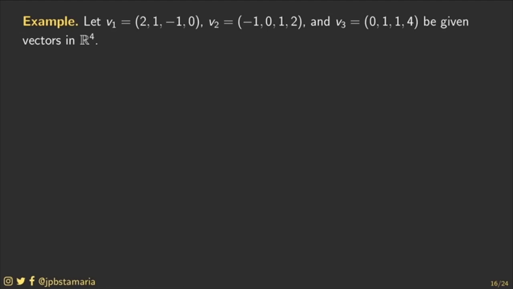So let's consider this set of vectors, v1, v2, and v3. These are vectors from R4 because there are 4 coordinates. Now, as you can tell, it's not really easy to tell whether a given set is dependent or not, but I did some computations beforehand.